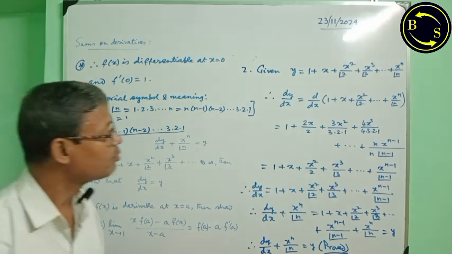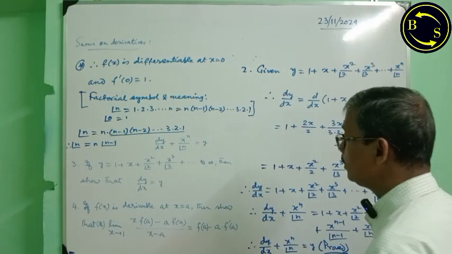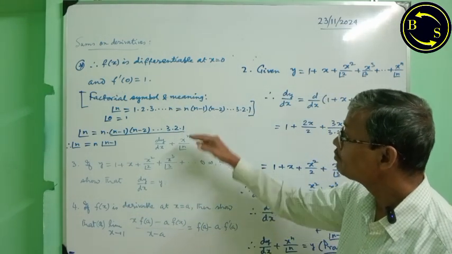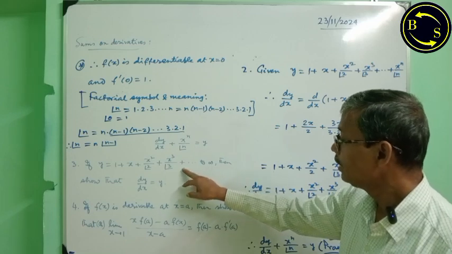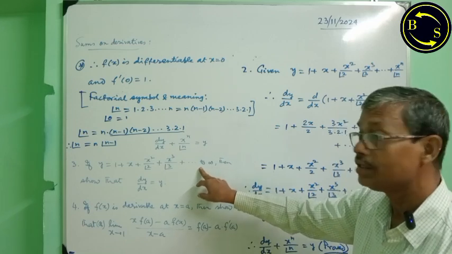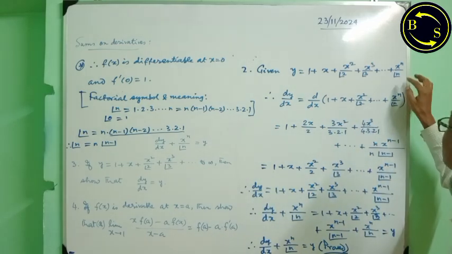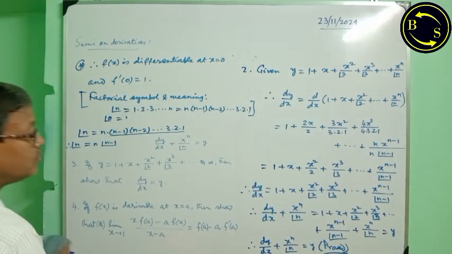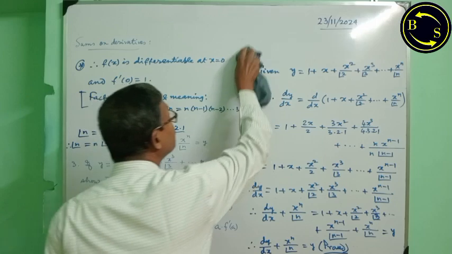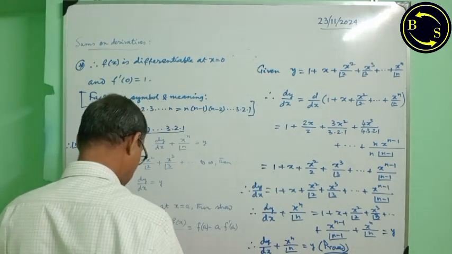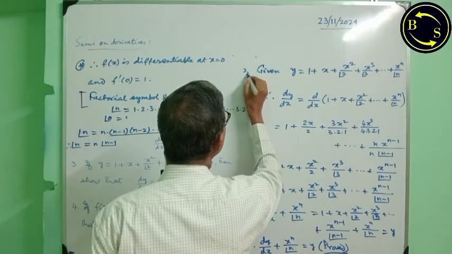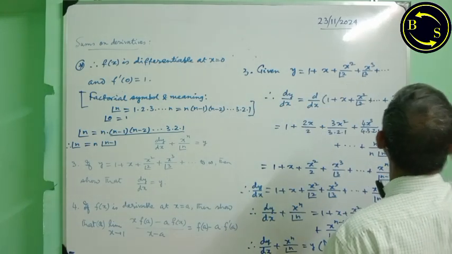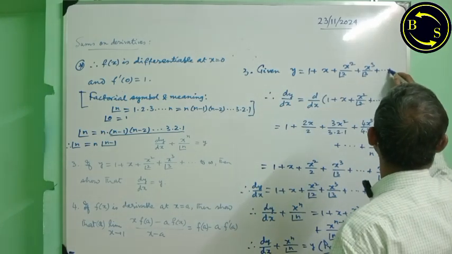Then sum number 3. Up to n terms in the earlier one, and here it is to infinity. That means here we have to mention it. Now I take the help of this one. Number 3, it will be to infinity.